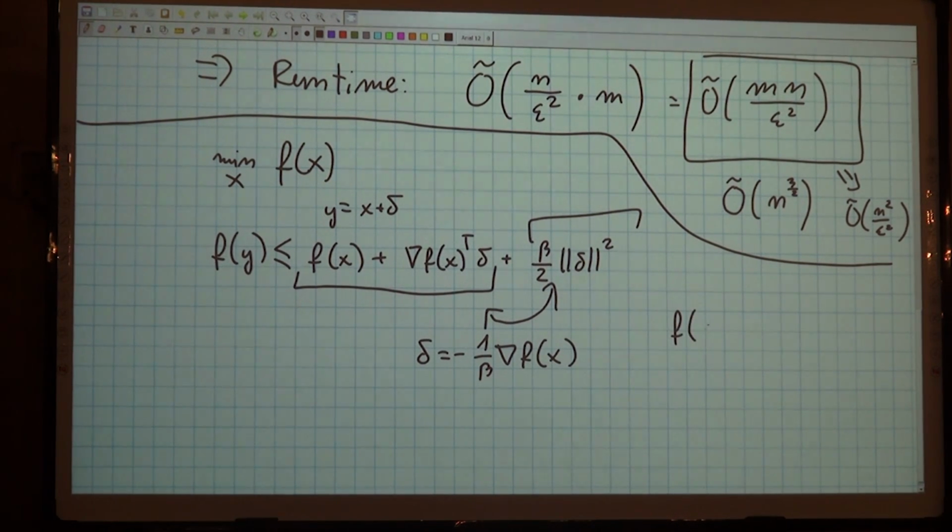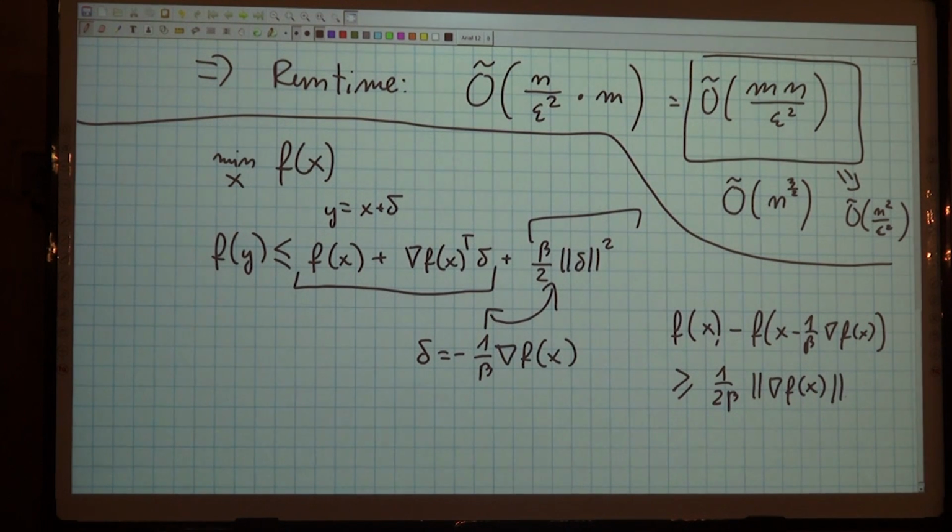If I look at the difference between the value of the function at the beginning and after taking a step, which was x minus 1 over beta delta f(x), then we showed that the progress we made is at least 1 over 2 beta times the L2 norm of the gradient squared.